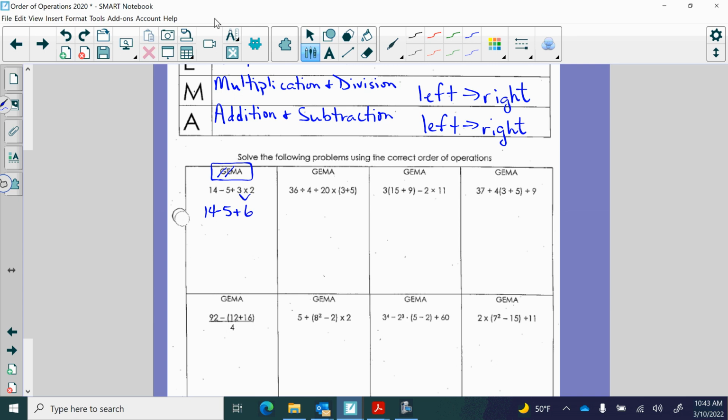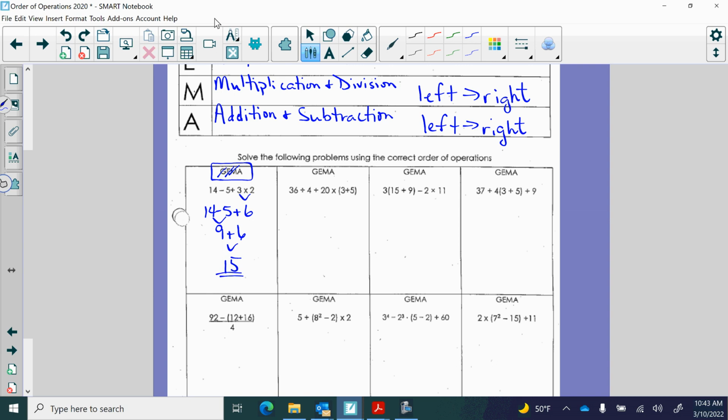Do I have any additional multiplication or division? No, so I can cross the M off. Now addition and subtraction just goes left to right. So I'm going to do the first part. 14 minus 5 is 9, plus 6. I add those together and I get 15. There's my answer.